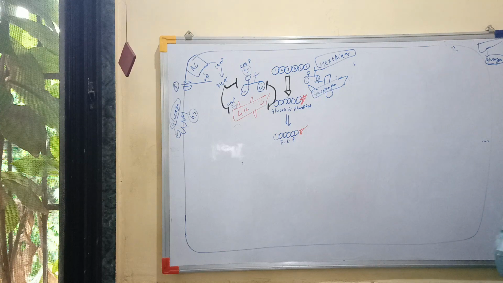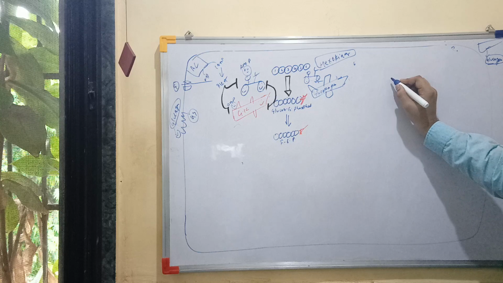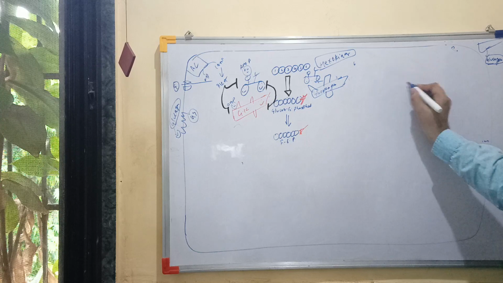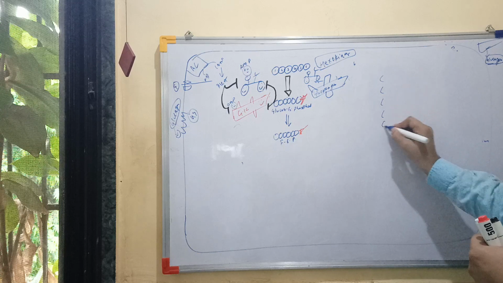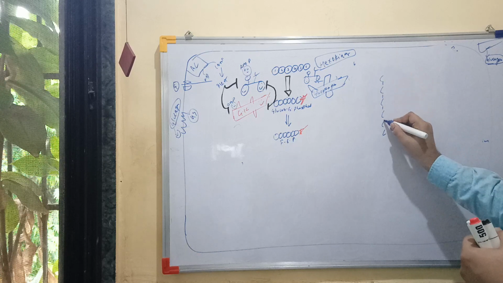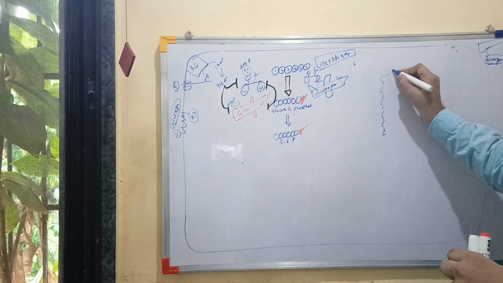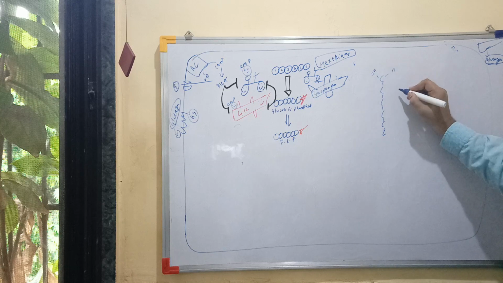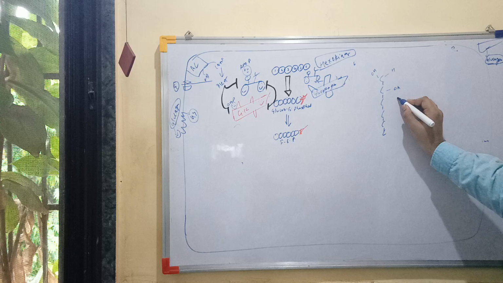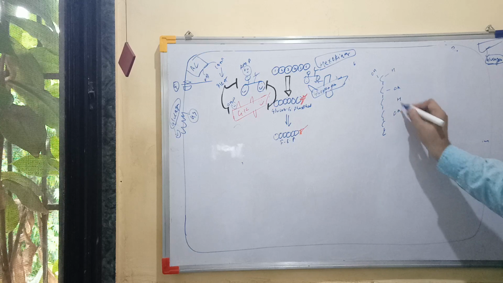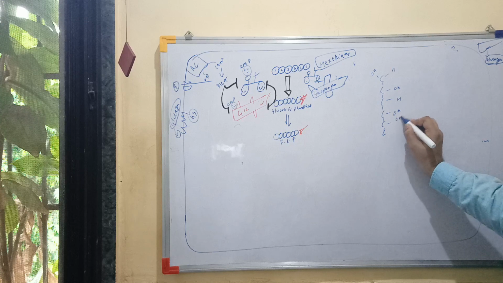If you want to see the structure, you will very easily be able to see it. Let's say this is 1 2 3 4 5 6 carbon. This is our glucose structure which I am drawing here. This is OH, and here you have OH, OH.